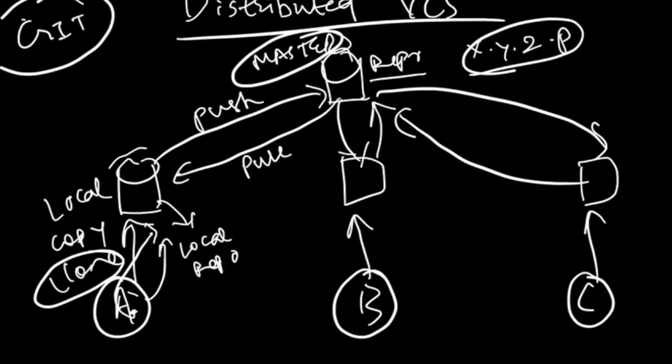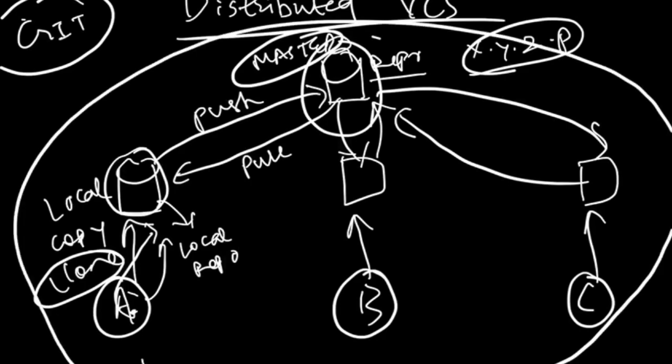All these operations are very quick because A only needs internet when he wants to push or pull the changes from the main repository. Other than that, when he is working on his changes, he doesn't need any internet connection. So changes are very quick because there are no network calls involved basically. So this is what a distributed version control management system is about, right?